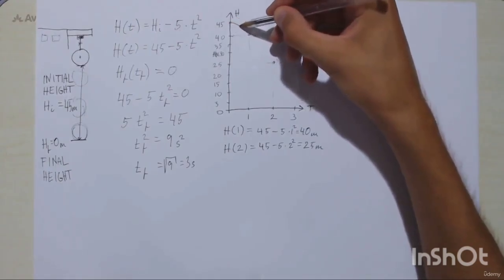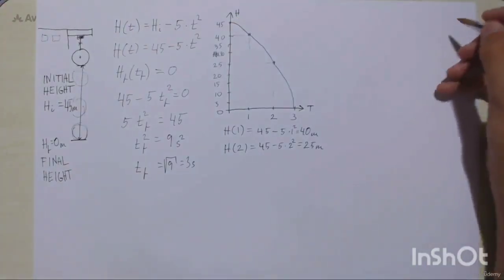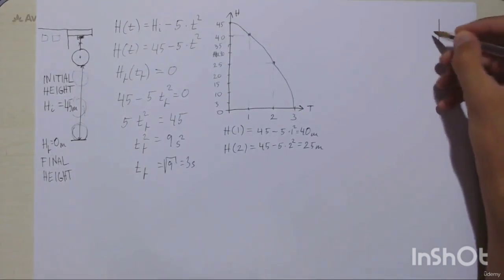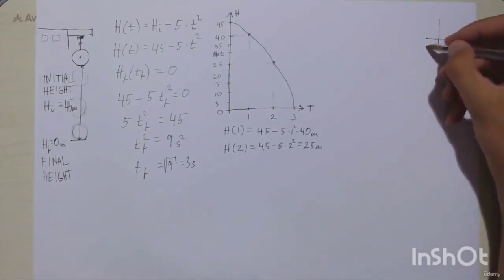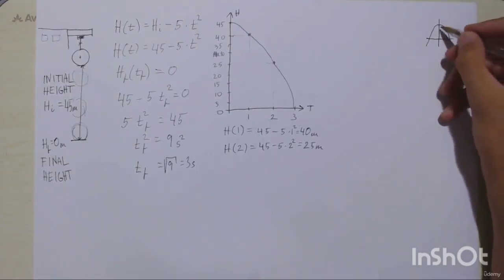Okay, you can see that essentially what we have here is an upside down parabola, something like this, and we are considering this part here.